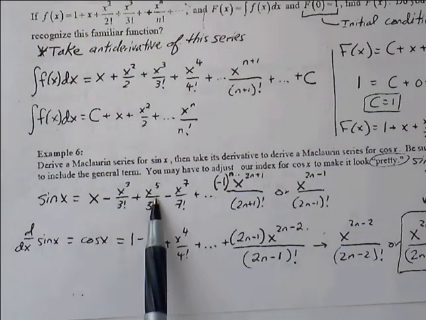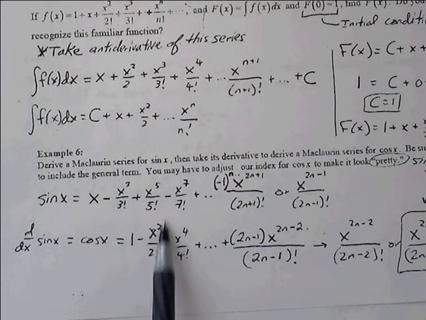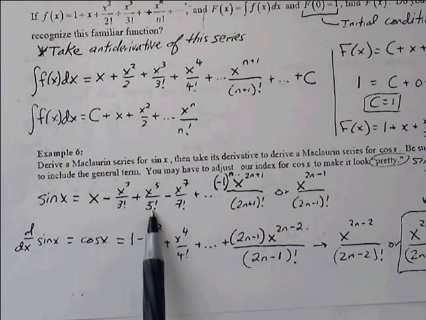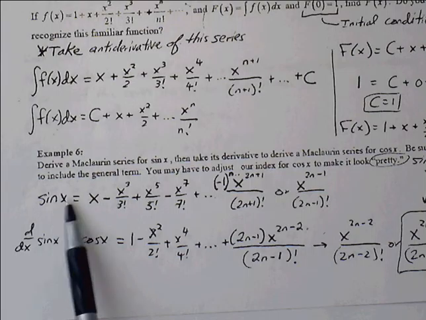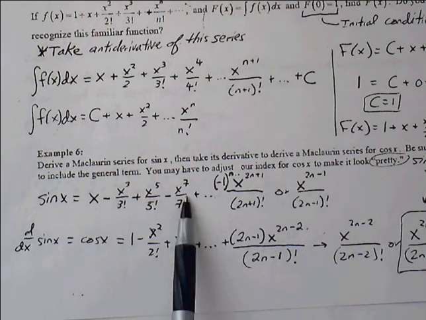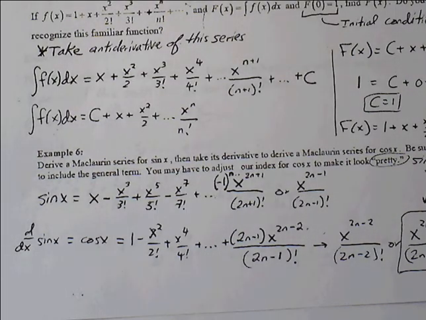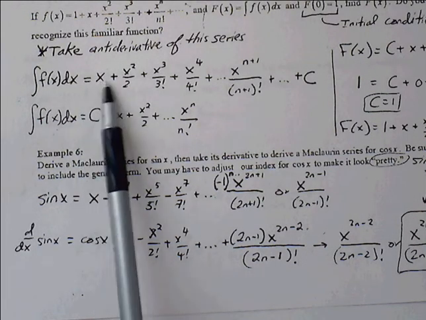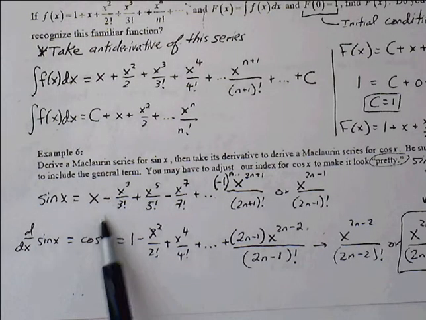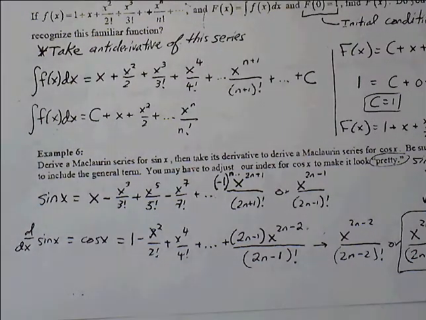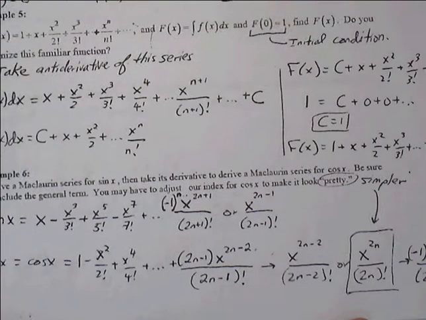So x to the 5th becomes 5x to the 4th, and the 5s will cancel out with this denominator, leaving us with just 4 factorial. So if we memorize the series for sine of x, we can always derive the cosine by simply taking the derivative of the sine, in case we forget what the cosine's power series is.